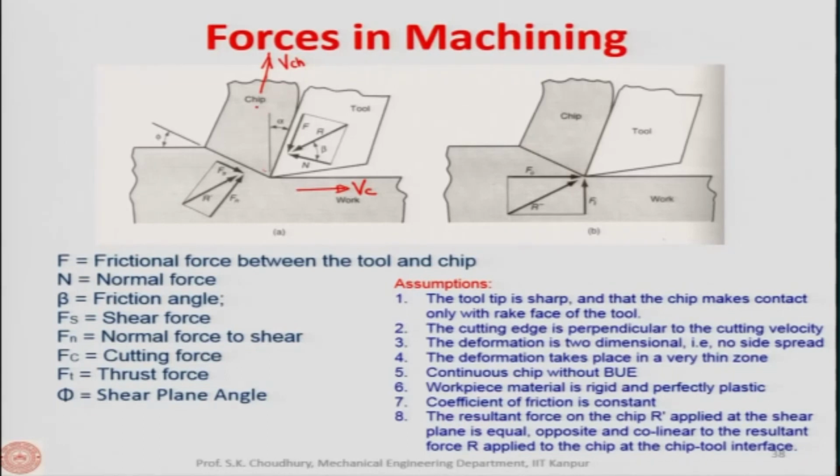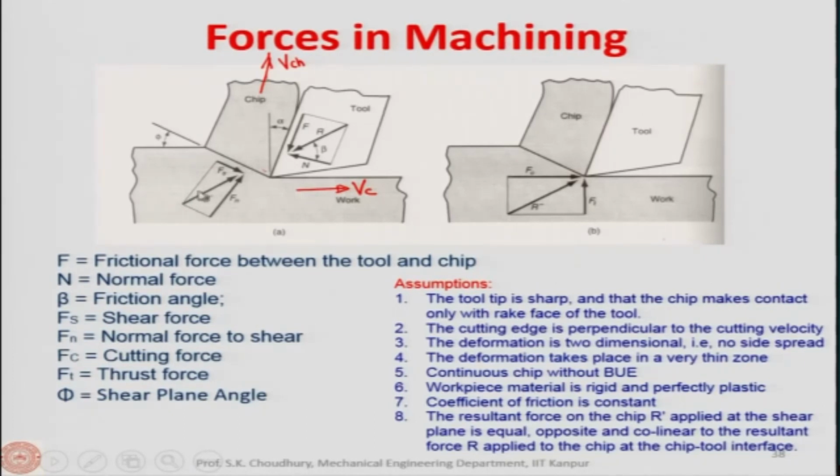So, velocity can be constant if the resultant forces acting on the chip from here and from here are the same, meaning the sum of these resultant forces is 0. So, let us say the resultant force coming to the chip from the tool through the rake face is R, and the resultant force coming from the workpiece, this is the reaction, is R prime.